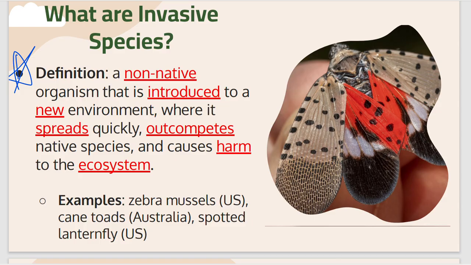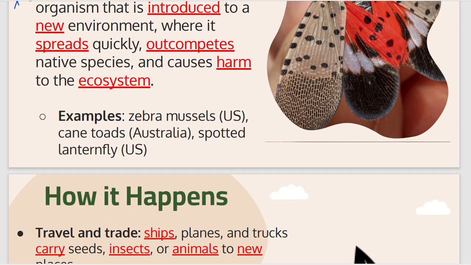Some common examples are zebra mussels that have entered the Great Lakes in the US, cane toads in Australia, and, in this example, the spotted lanternfly in the United States. So, non-native species come to a new area and they destroy that new area.